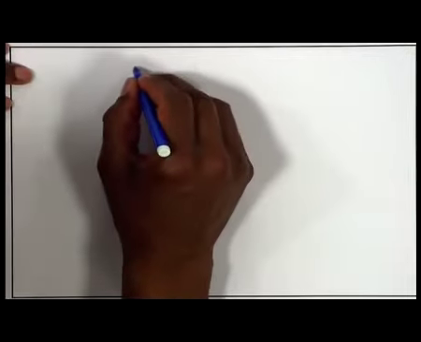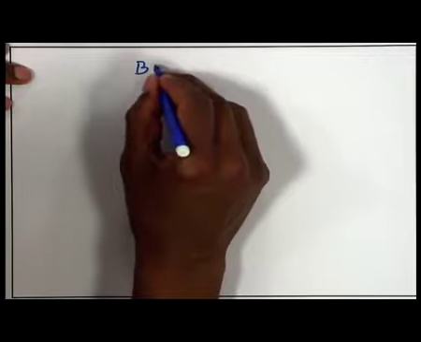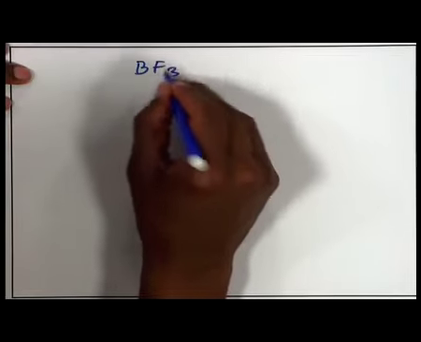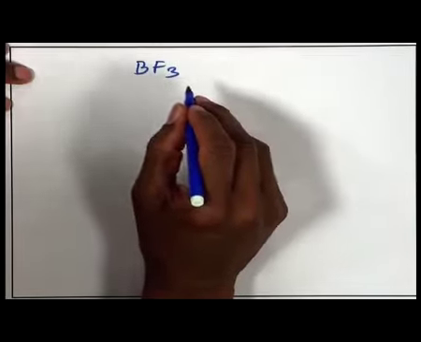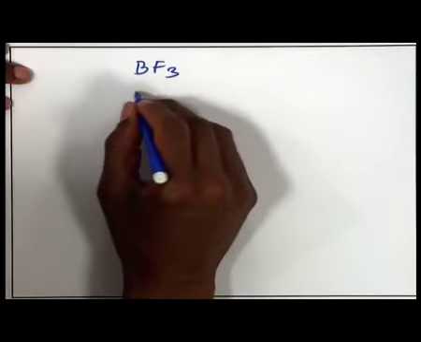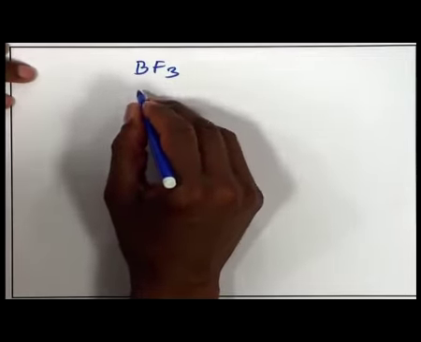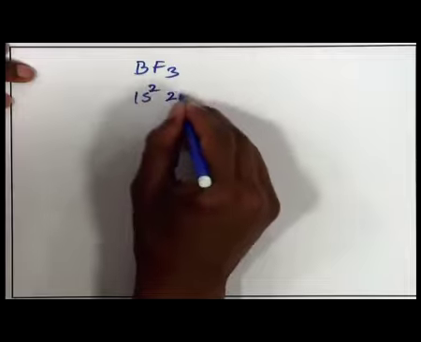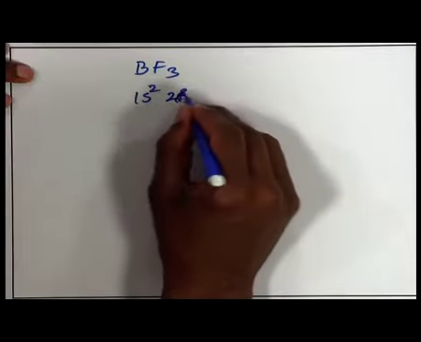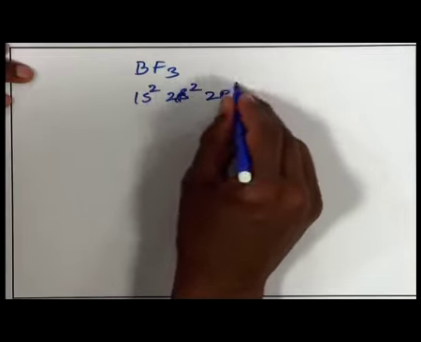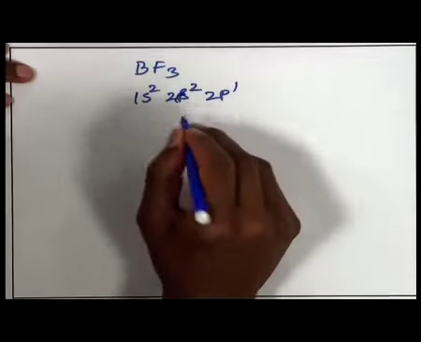Now, another molecule we can see is from the third group elements: boron, which can form boron trifluoride. The boron electronic configuration is 1s2, 2s2, 2p1.